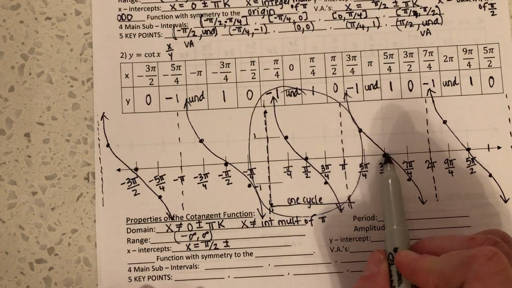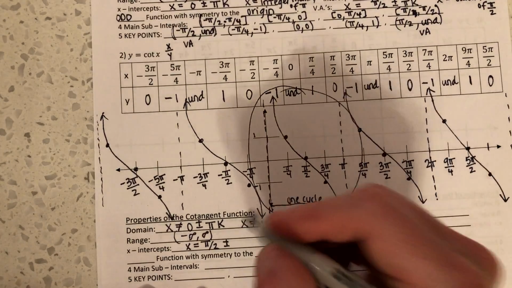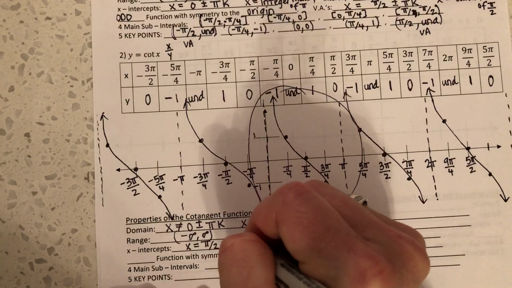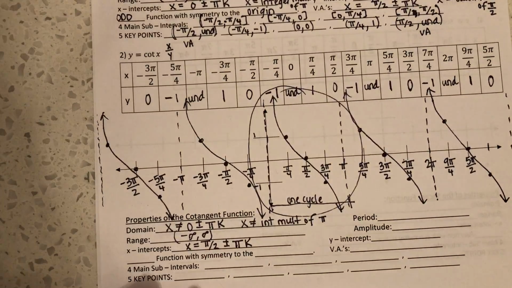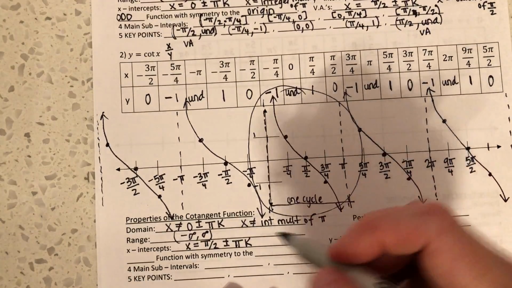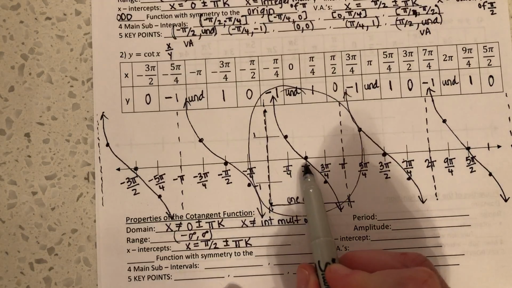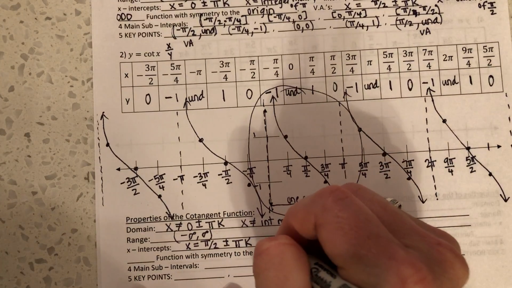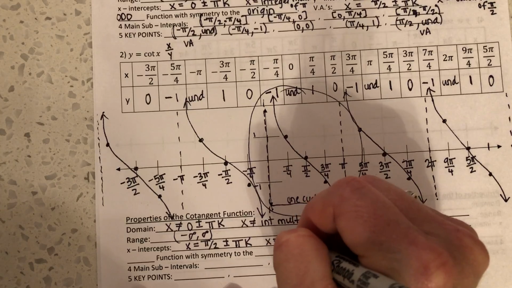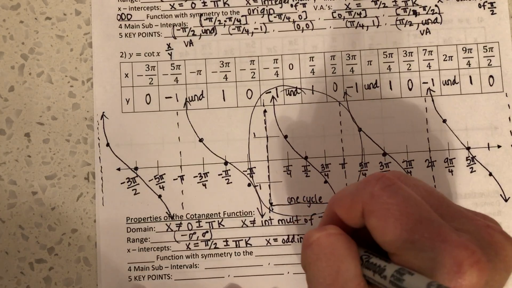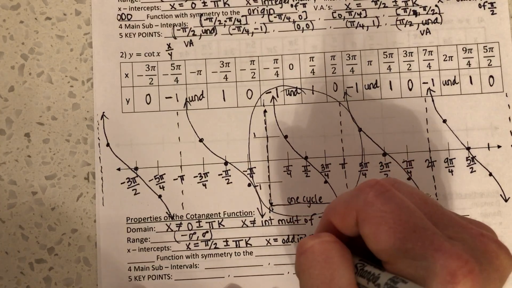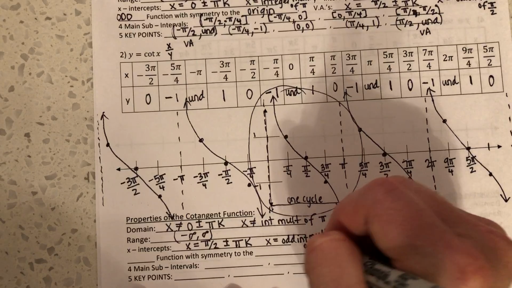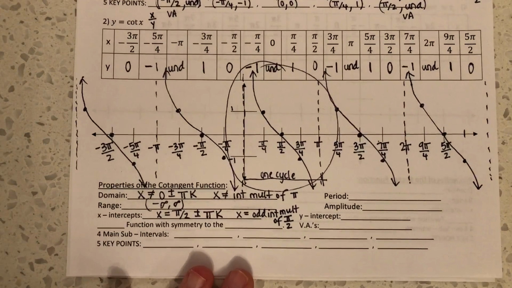That's pi radians that live in between each x-intercept. So plus or minus pi times k revolutions or rotations. All right. So again, it's going to be odd integer multiples of pi over 2 are all your x-intercepts. They are odd integer multiples of pi over 2.